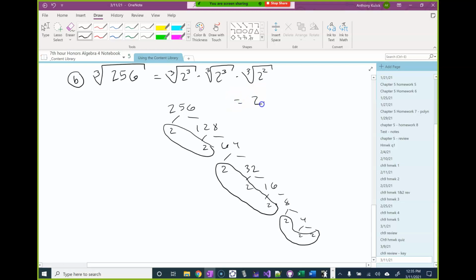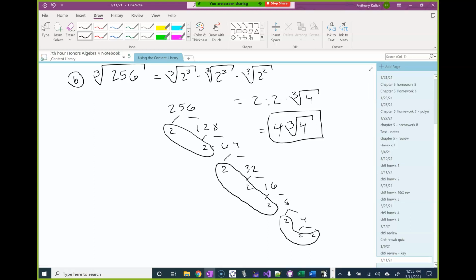Cube root of 2 cubed is just 2. And cube root of 2 squared we can't do anything with. So let's combine the 2 times 2. And we're just left with 4 cube root 4. Is that okay? Okay.